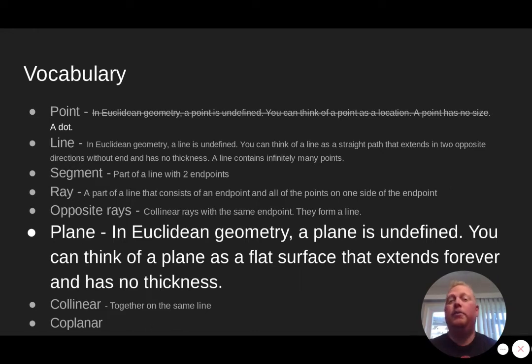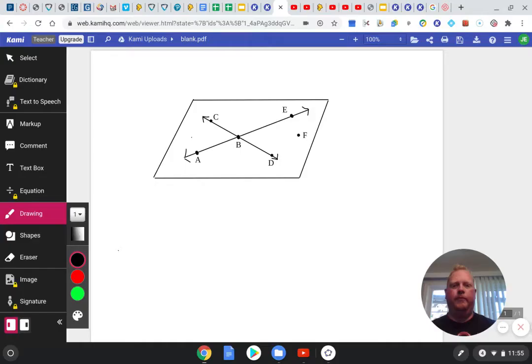Now, for the purpose of geometry, a plane goes forever in each direction, okay? So walls definitely have definite start and stop points. Tables definitely have definite start and stop points. But the plane that they create, in theory, goes on forever. So just a little point to note on that.